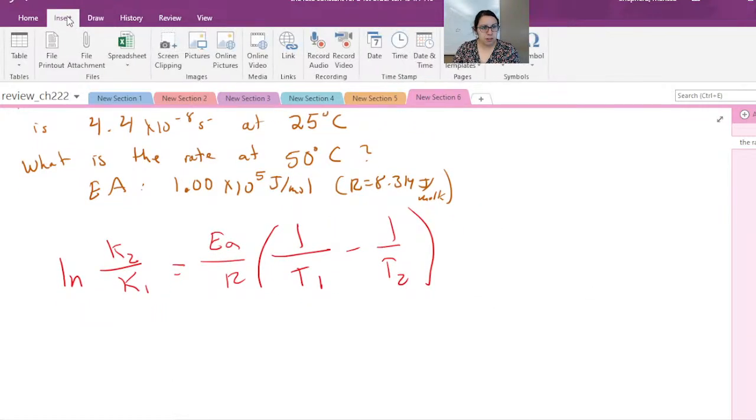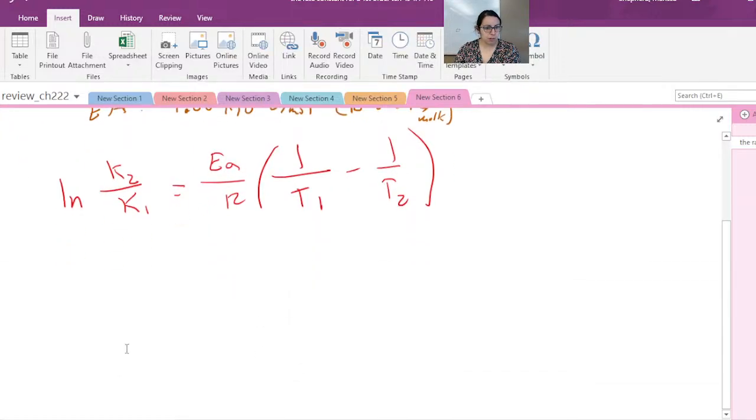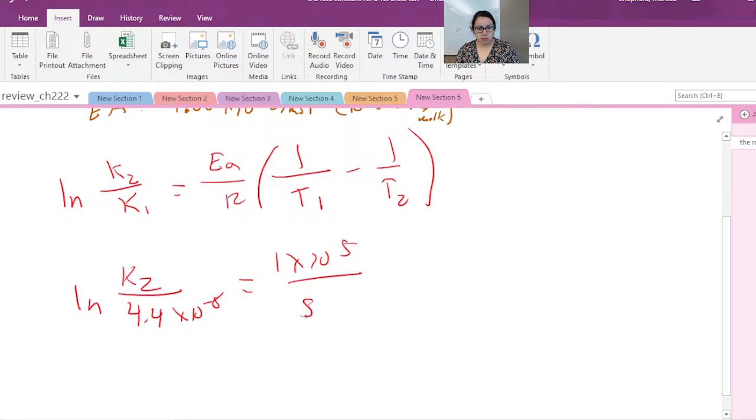And Alyra, you can let us know if your method worked as well. So yeah, I just plugged this in based off of this data, solving for k2, sorry. And then we were given k1, so 4.4 times 10 to the negative 8th equals our activation energy times the gas constant that's related to joules.